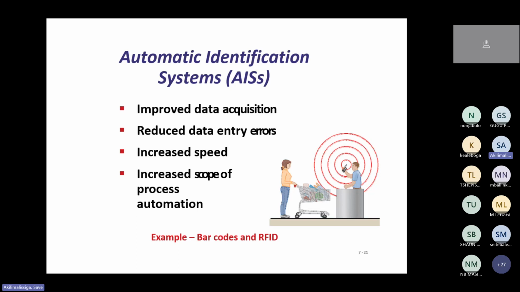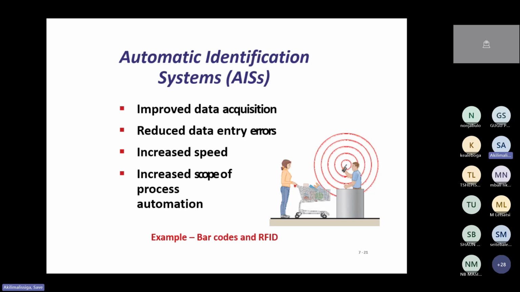So the cashier is going to scan your items, right? And then you pay. In the process of scanning the items, the machine that the cashier uses to scan your items so that the price can reflect on the screen and also in their system is what you call an automatic identification system.